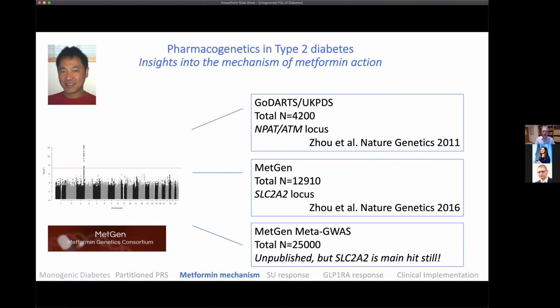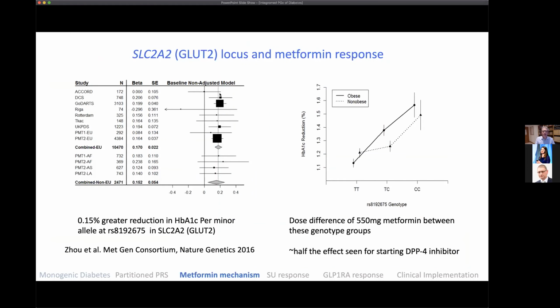And our SNP, you can see, is fairly consistent across all the populations we look at, including the non-European populations, and has a modest effect size. So you compare the people who are CC for our response SNP compared to TT, we're seeing differences of an HbA1c reduction of about 1.1% for the TT group, up to about 1.5, 1.6%.